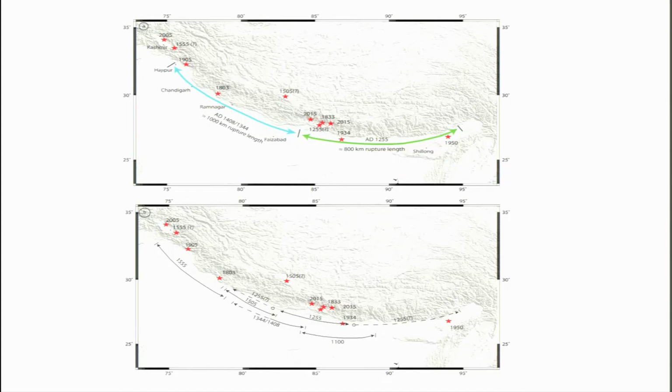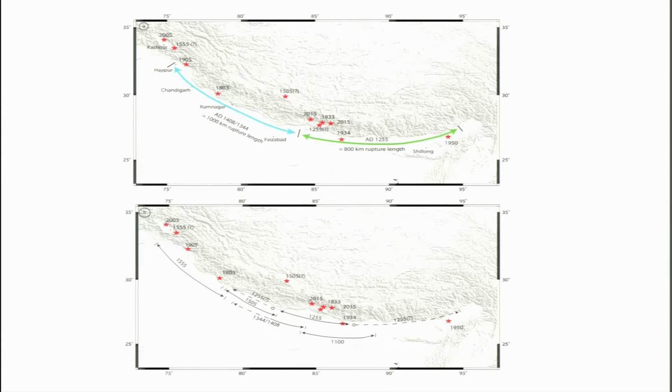If we consider all the trenches and the overlapping ages, then we end up saying that the whole front got ruptured in two major events. One was during 1200 to 1300 AD, and another was around 1400 to 1300 AD, with a rupture of almost 1000 kilometers or 800 kilometers. So then we have released the complete strain which was available with us.